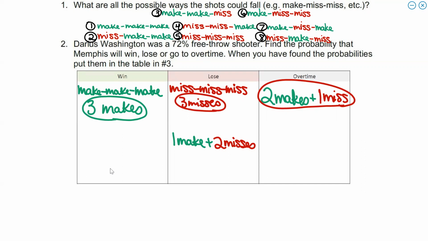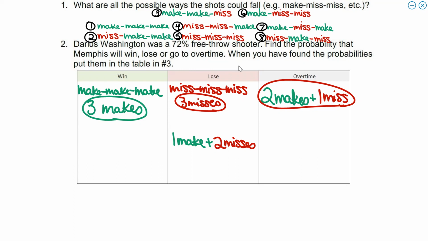Probability that they lose. We said miss has them losing. How do I find out the probability that he missed all three shots? Yes. So I'm going to do 1 minus 0.72 or 100% minus 72%.